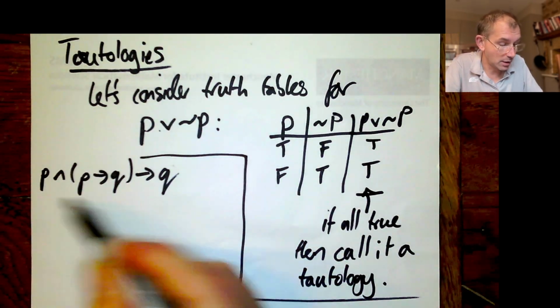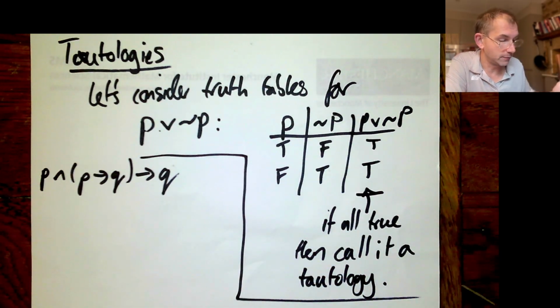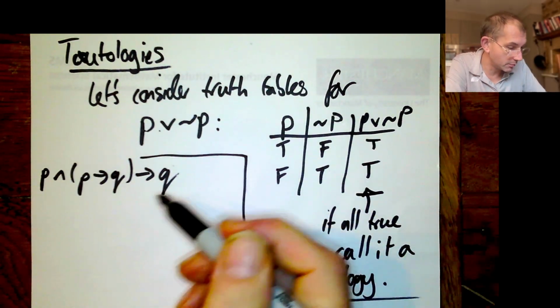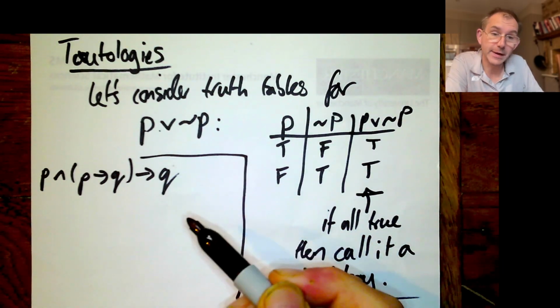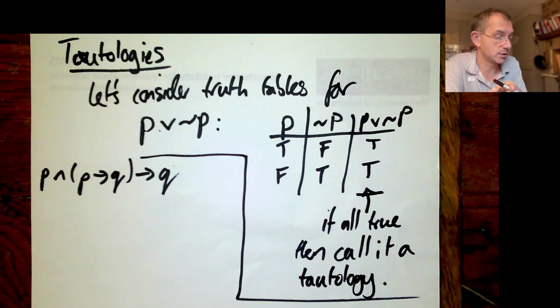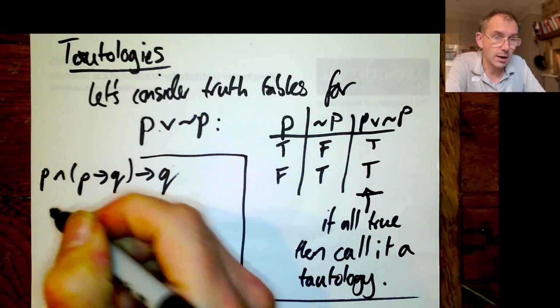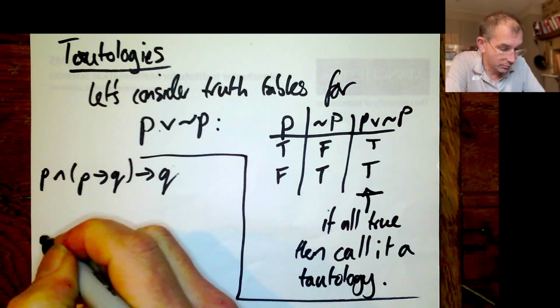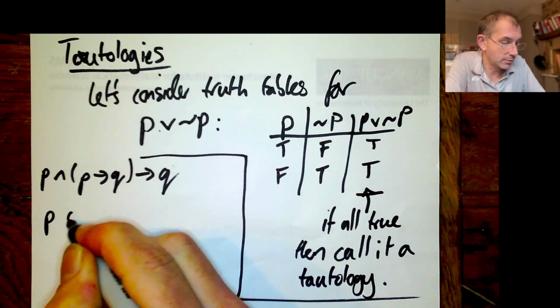This is actually a well-known part of logical argument that was known to the ancient Greeks, called modus ponens. It's a Latin phrase, and it means the method of inference, basically. But let's not think about that now. Let's just write out the truth table.